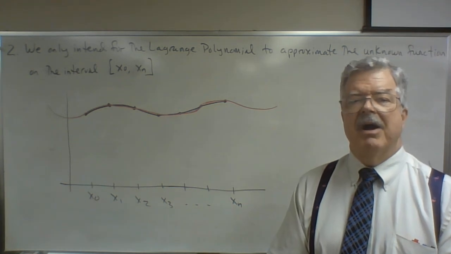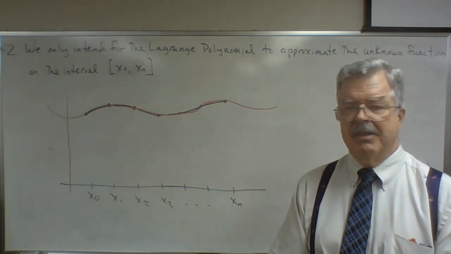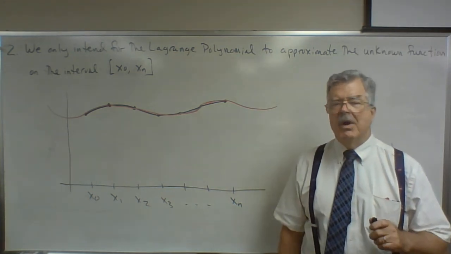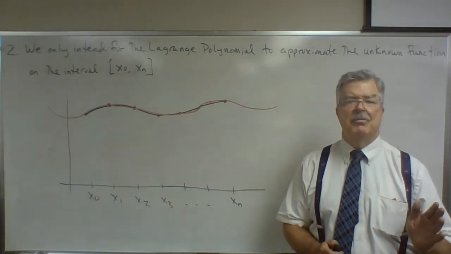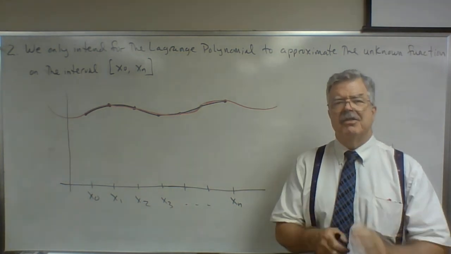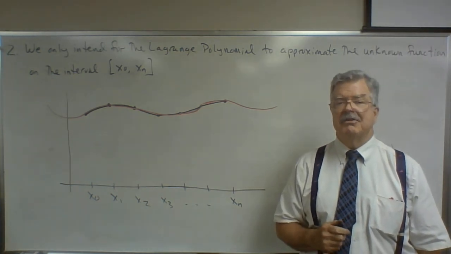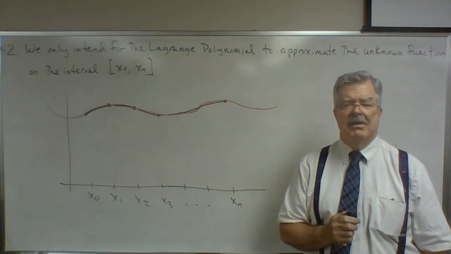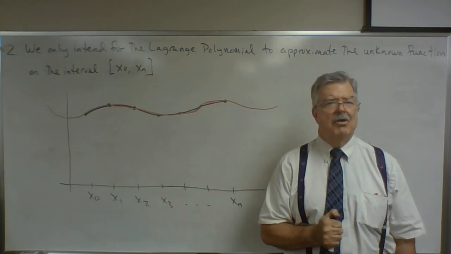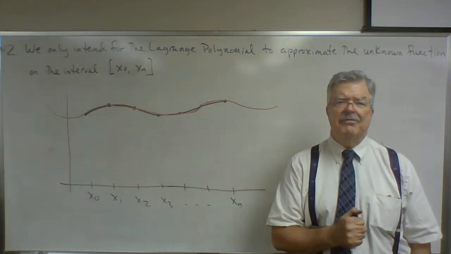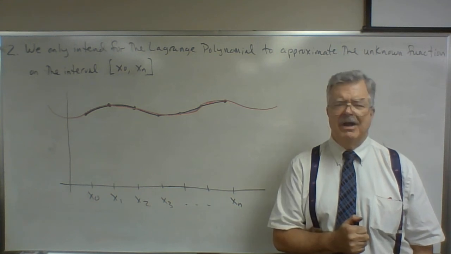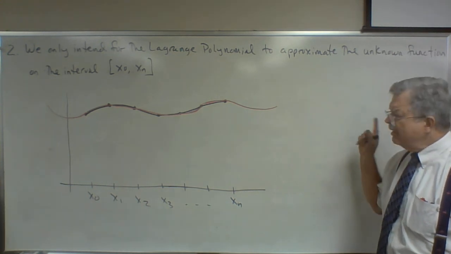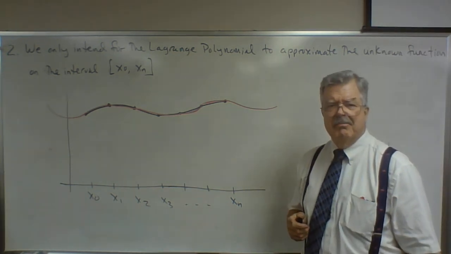Think about this. A polynomial of degree n, as n goes to infinity, what happens to an approximating polynomial of degree n? And let's just say that the lead coefficient, the coefficient of the term of degree n is positive. We have an approximating polynomial of degree n, and the coefficient of that nth degree term is positive. As n goes to infinity, what's going to happen to that polynomial?